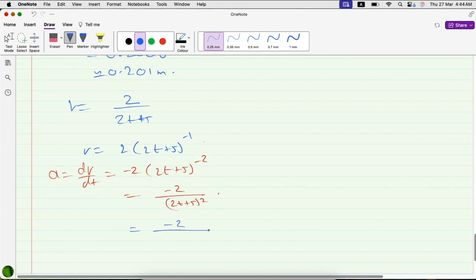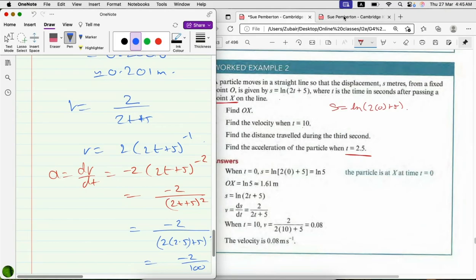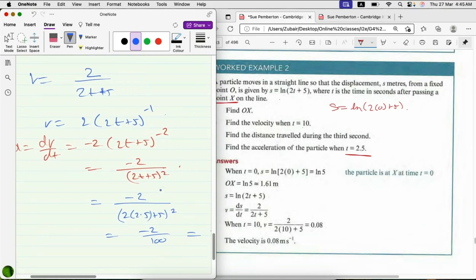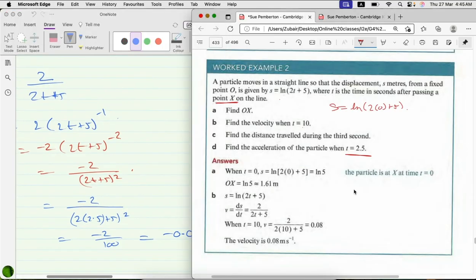So 2 into 2.5 plus 5, squared. 2 into 2.5 is 5, 5 plus 5 is 10, 10 squared is 100. So this is negative 0.02 meters per second squared at time 2.5. Acceleration is negative 0.02.